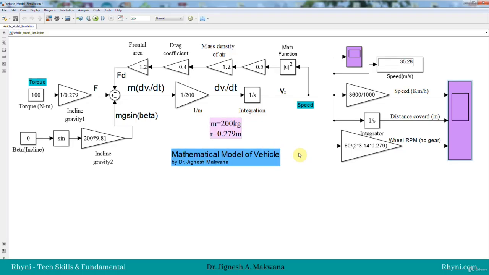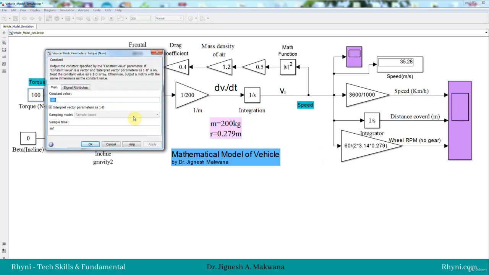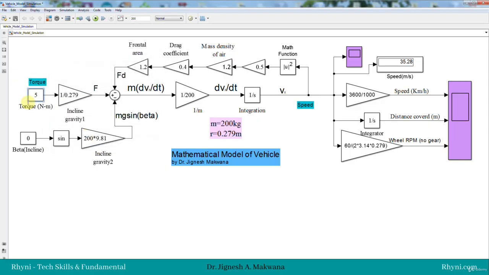Now what you need to do is store the characteristics by doing the experiment in this simulation model. Starting from the minimum torque, say 5 Newton meter, simulate it and record the steady state speed in terms of kilometer per hour. Ensure that it is steady state speed, because when you reduce the torque it will take more time to reach the steady state speed. If it is taking longer than your simulation time, then it may not be steady state speed.